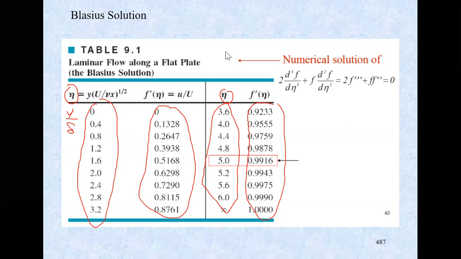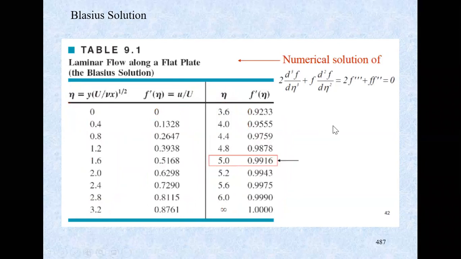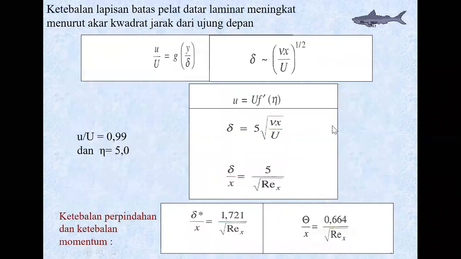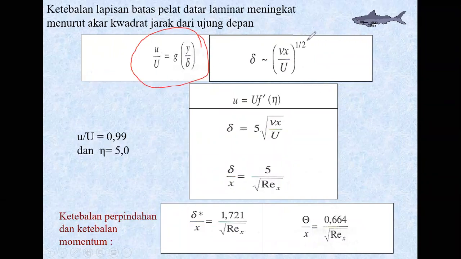So this is the solution provided by Blasius, and it is summarized in terms of the parameters of the boundary layer. The Blasius solution consists of this underlying equation for the velocity profile, and this underlying equation for the boundary layer thickness.